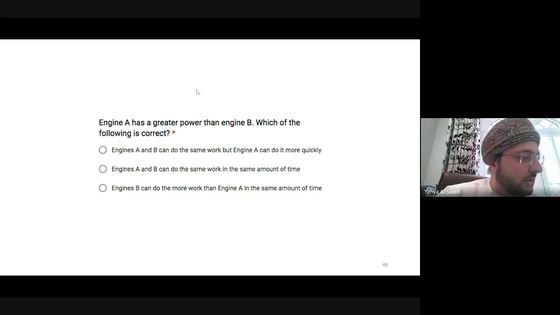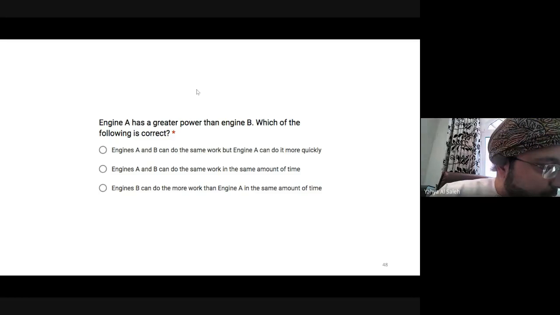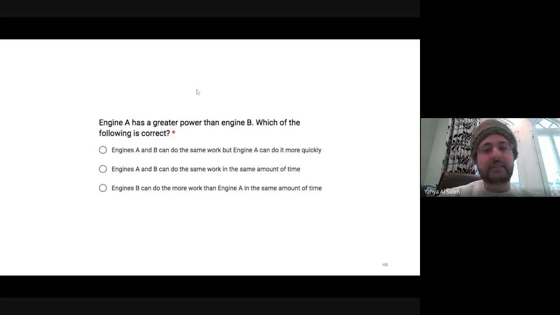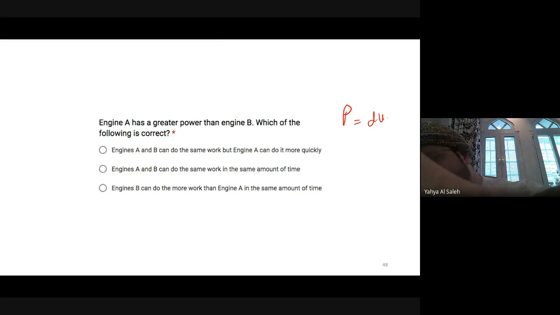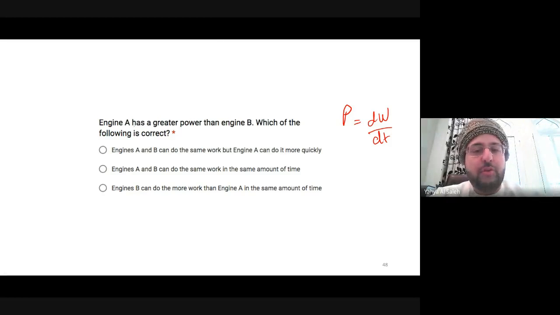We have an almost equal distribution between A's and C's. Remember, we said power is how quickly work is done, right? So if engine A has more power than engine B, it means both of them can do the same work, but engine A can do it more quickly.